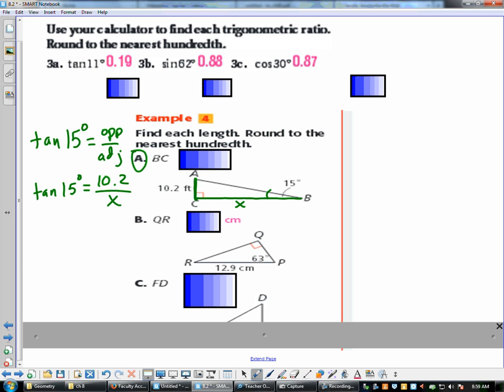Calculators, please. Can you all agree on what tangent of 15 degrees is? Give me a decimal for that. 0.267, something like that, equals 10.2 over X. Think of this as 0.267 over 1, if you will. Can you cross multiply and solve for X?